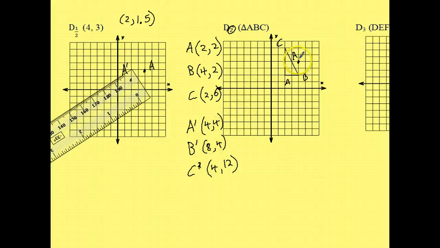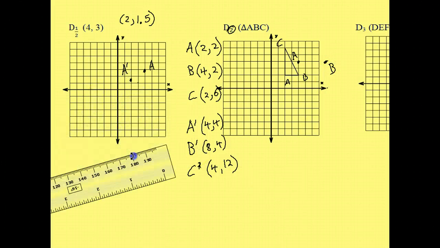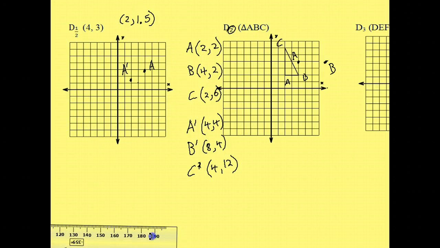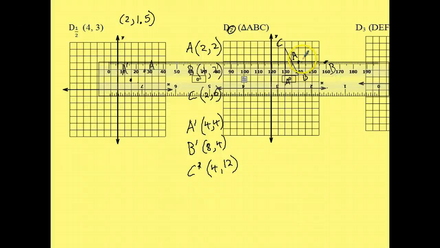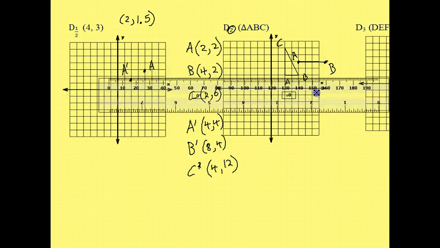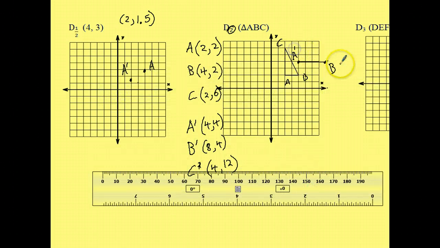B prime is 8, so 1, 2, 3, 4, 5, 6, 7, 8, and then 4, so it goes up to right here. That's B prime.